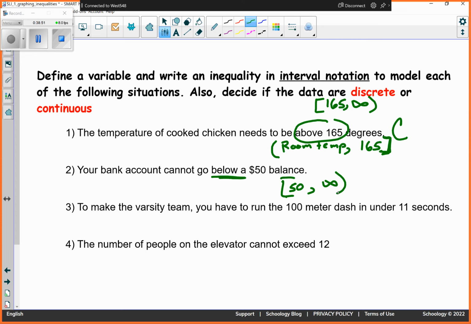I just heard somebody say money is discrete. What do you think? Money does have decimals, so $1.25 is $1.25. Agree? Yeah, I can't go under 1 cent. Good. Okay? So, money is indeed discrete, even though it does have decimals.